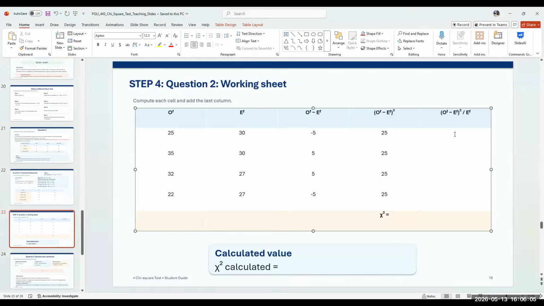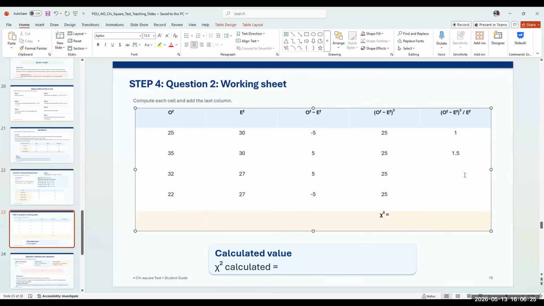The first one is going to be 1. That is 25 on 25, which is 1. Then the other one, 35 on 25, is going to be 1.4.